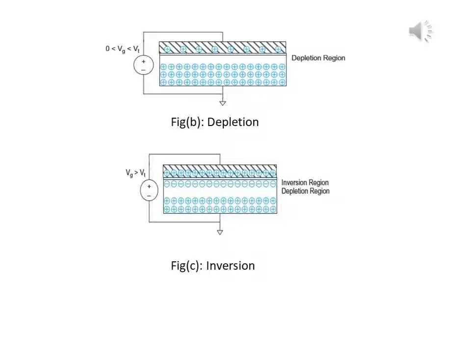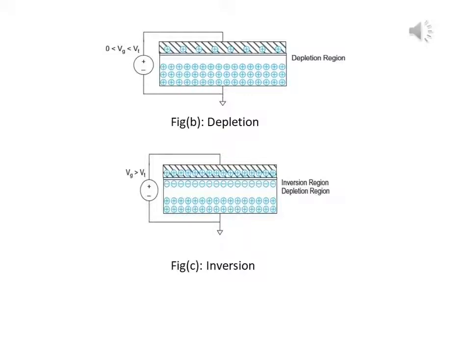This results in a layer of electrons in the p-type body, and this is called the inversion region. That is the inversion process. When Vg is greater than Vt, we are applying a voltage greater than the critical threshold voltage.